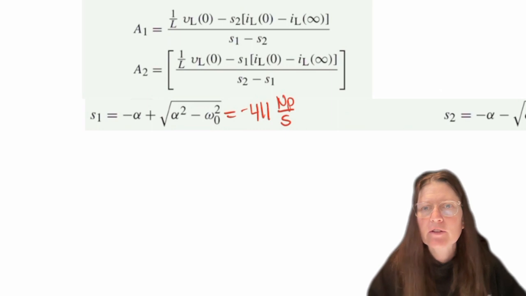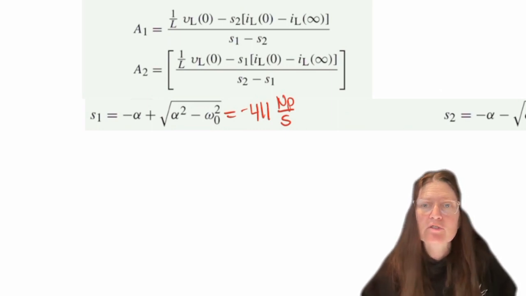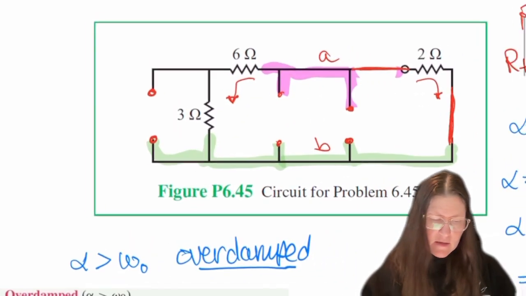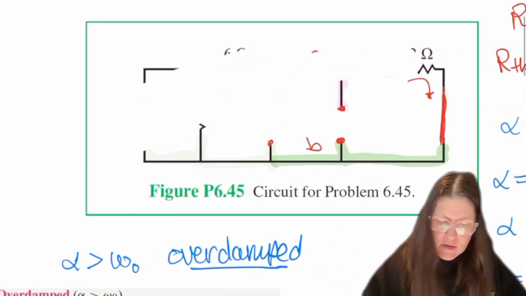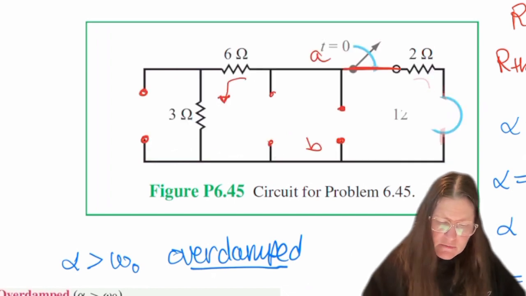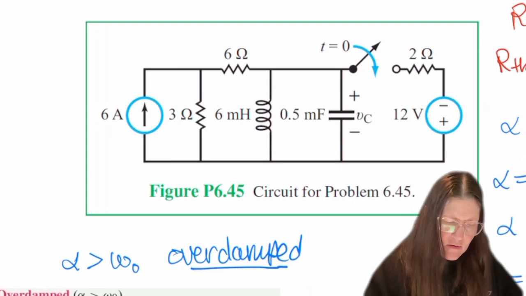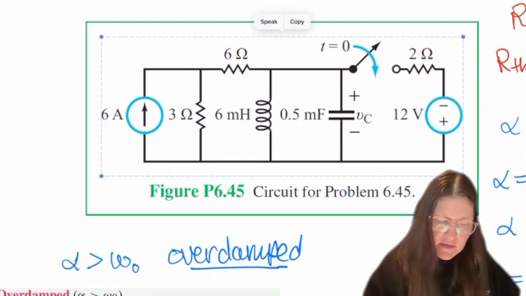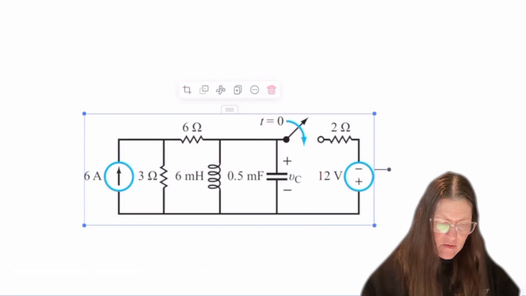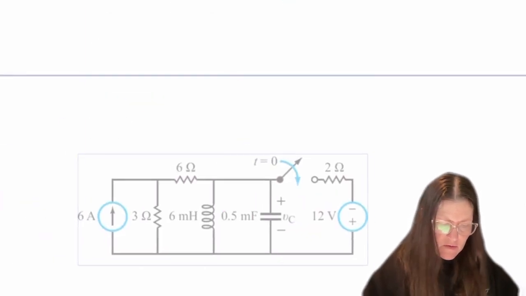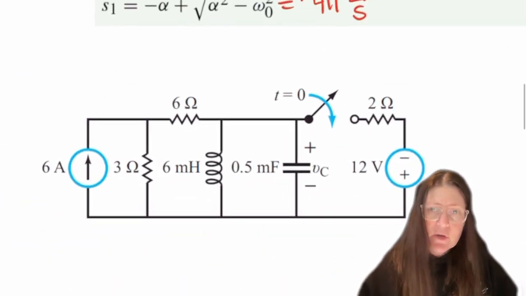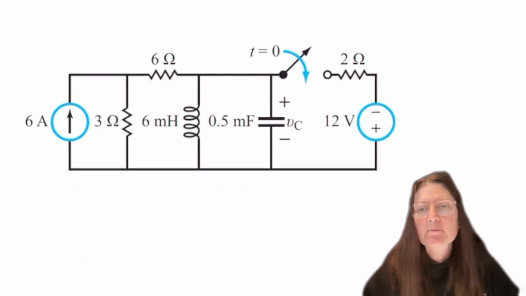And we're going to need VL0, initial value for voltage, initial value for current, and then the final value for current. So we're going to copy this three times, or redraw it 3 times. And for the first one, we're going to find at before the switch.